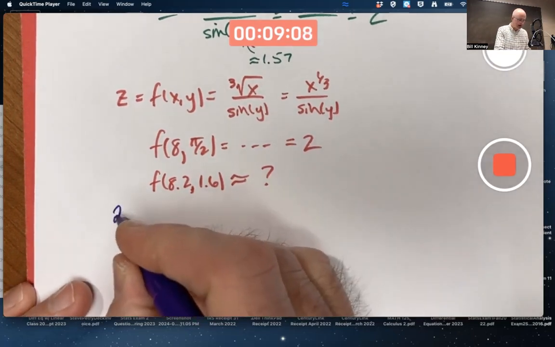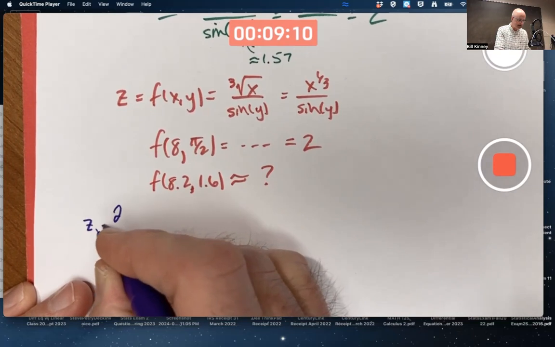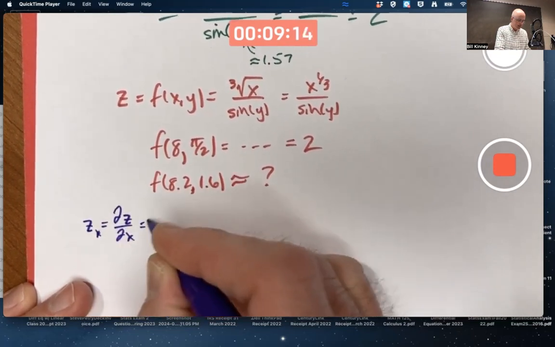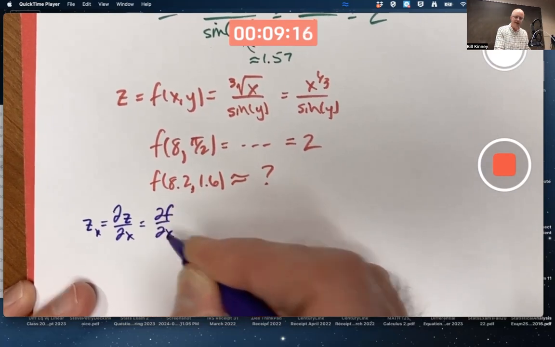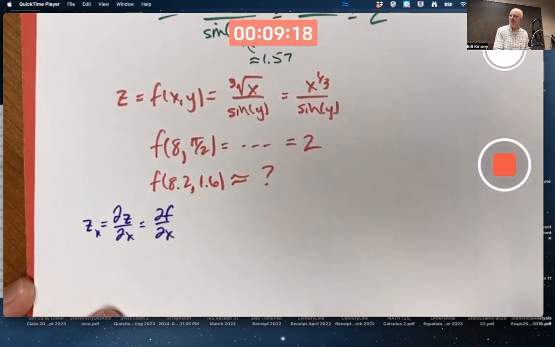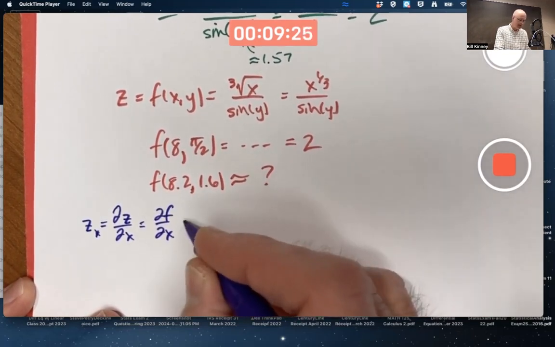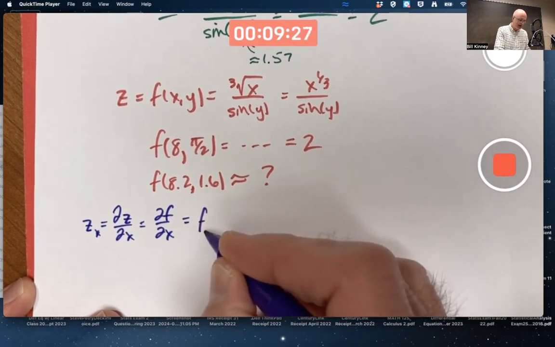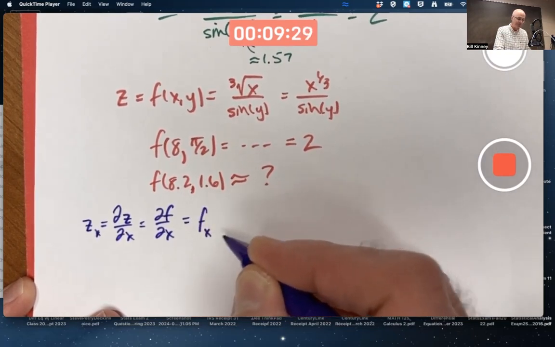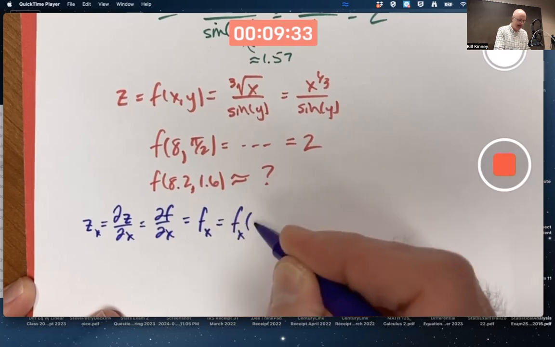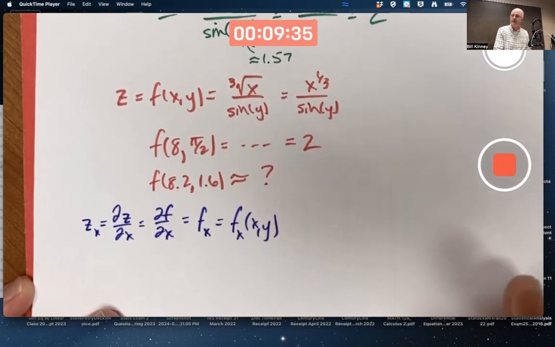Reminding you of the various notations, there's z sub x, partial z partial x, or partial f partial x. I usually do say the word partial. You can say d, df dx. Most commonly, the function name with a subscript. And we don't always emphasize that this depends on x and y, but in general it does.